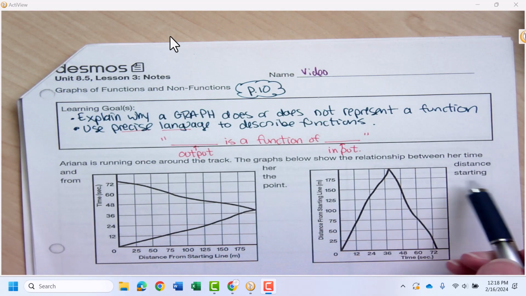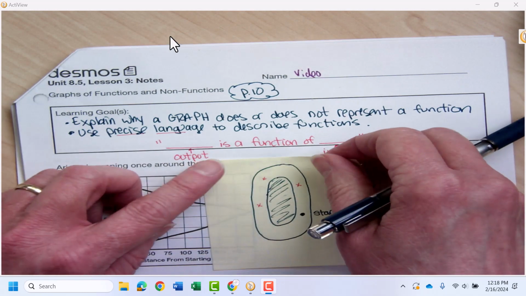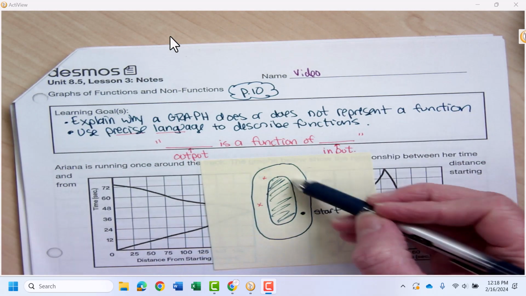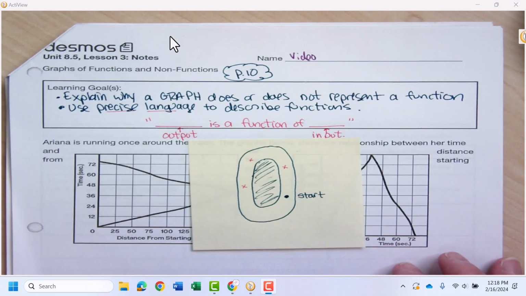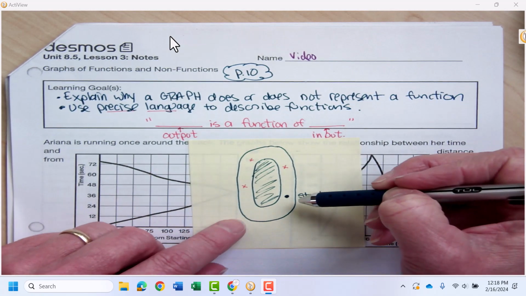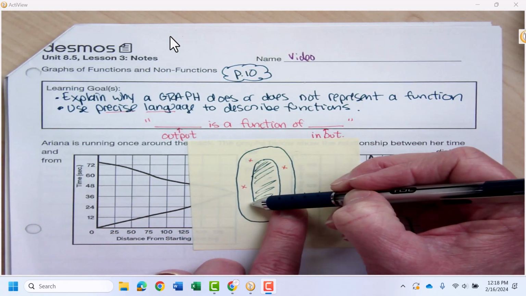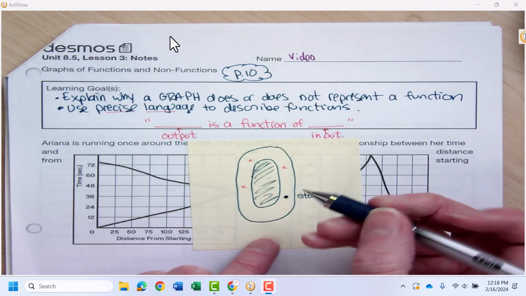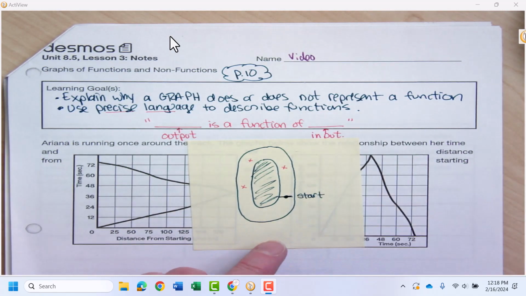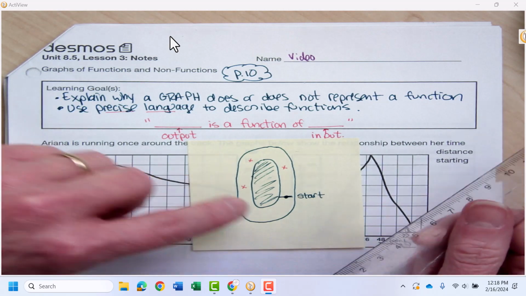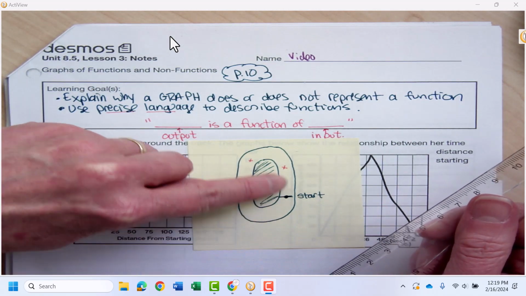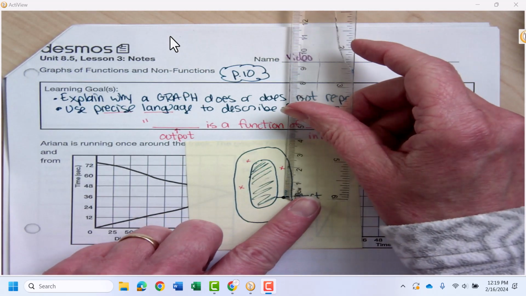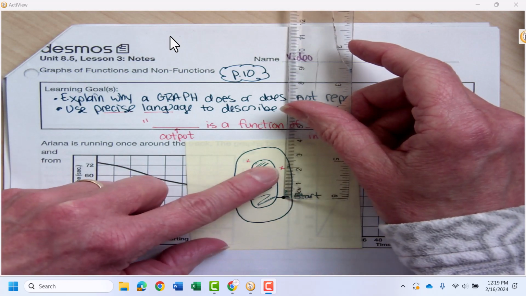But as you're thinking about her distance from the starting point, I don't want you to think circular, or as she's running around. Imagine a track that somebody would be running on. As it's talking about her distance from the starting line, let's look at what that might be. So the distance from the start to this point is about, looks like 2 centimeters.